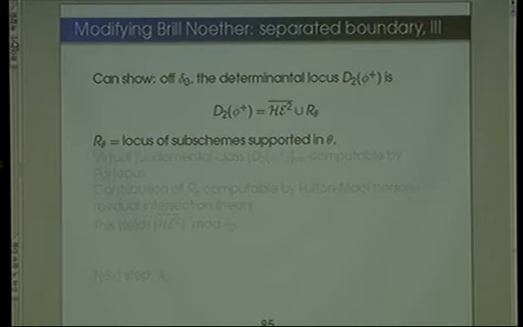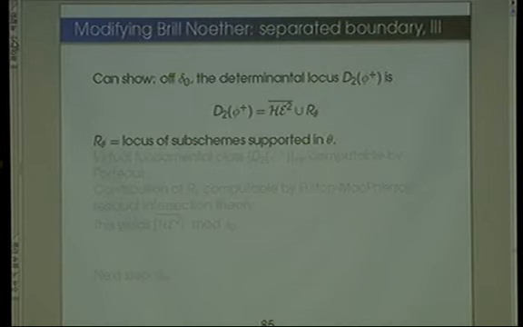And then there's still some sticky part that you don't get rid of in this fashion, but it's easy to understand. It's the locus of subschemes that are entirely supported in this node.